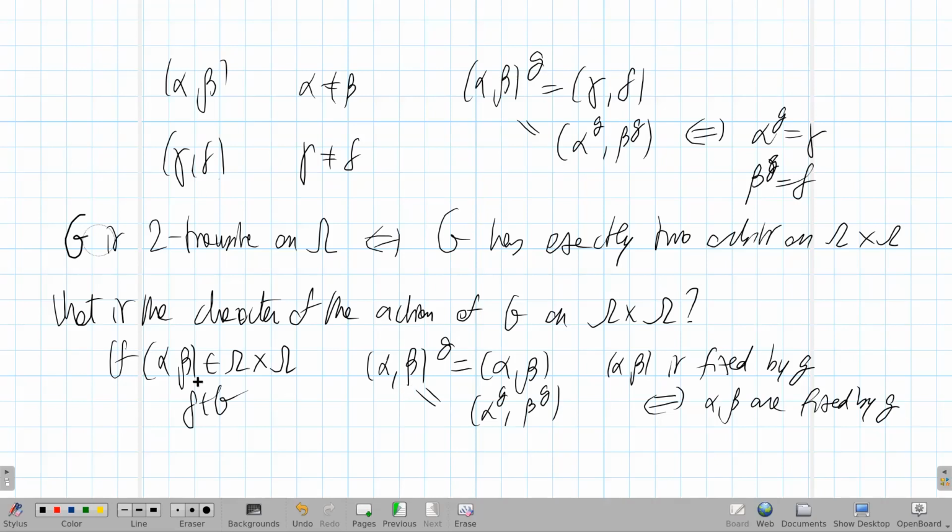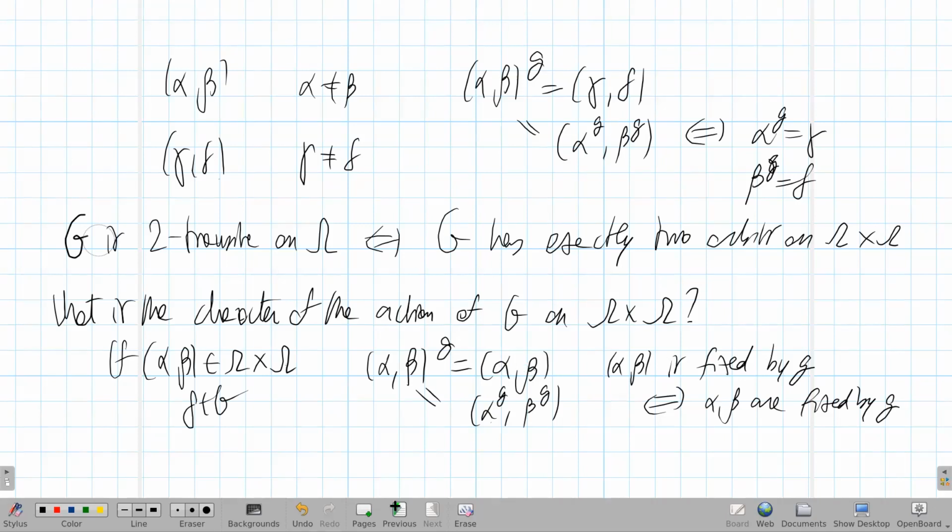So how many elements of omega times omega are fixed by g? Well, you need to take all pairs in which both elements are fixed by g, because you need alpha to the g to be alpha and beta to the g to be beta.